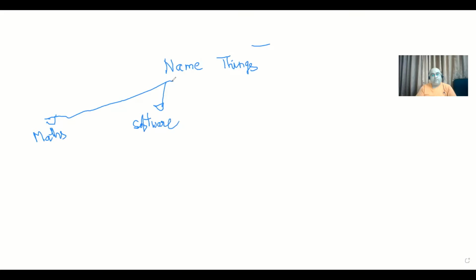And let's say name things. All right. So this could be, let's say, in maths, in software, it could be in terms of naming concepts.